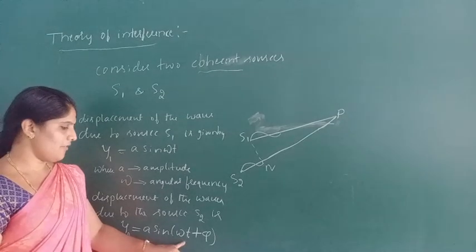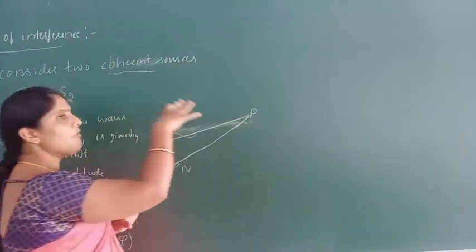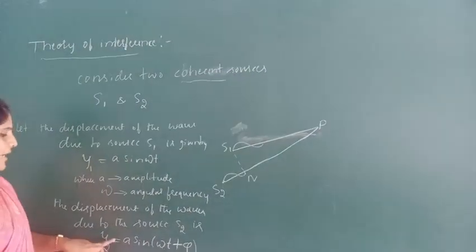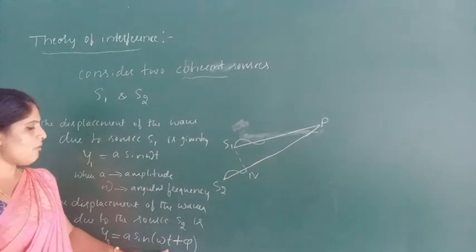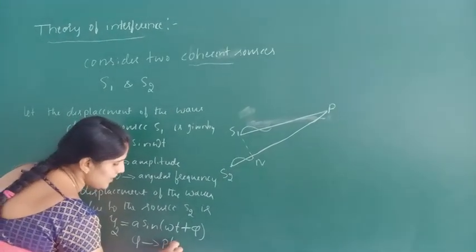Omega is the angular frequency. But the second wave has a phase difference of phi with respect to the first wave. Therefore y2 is equal to a sin of omega t plus phi, where phi is the phase difference.